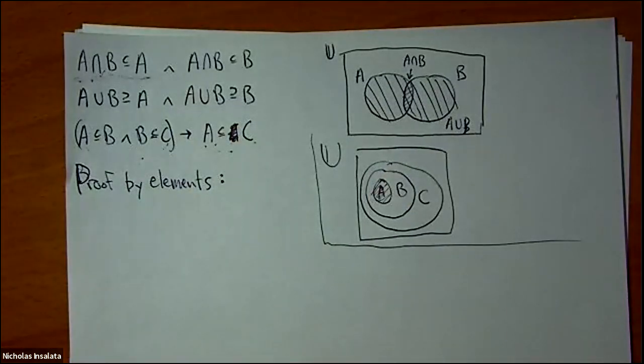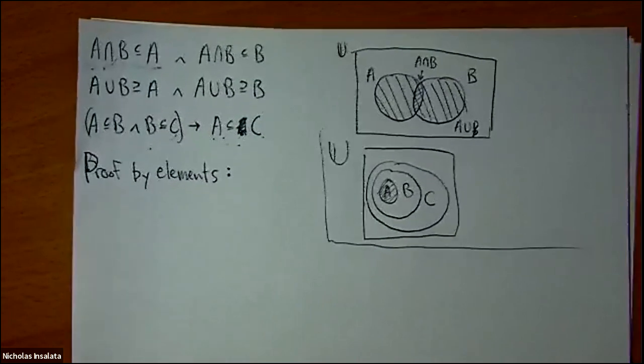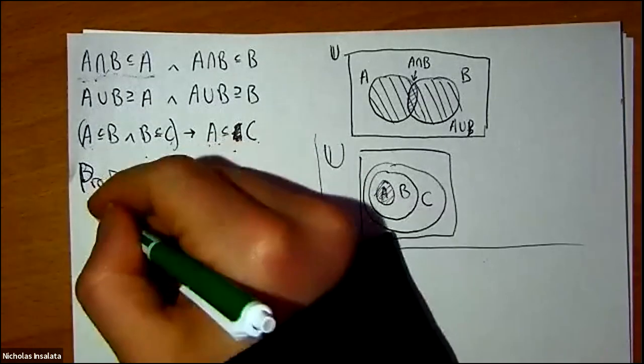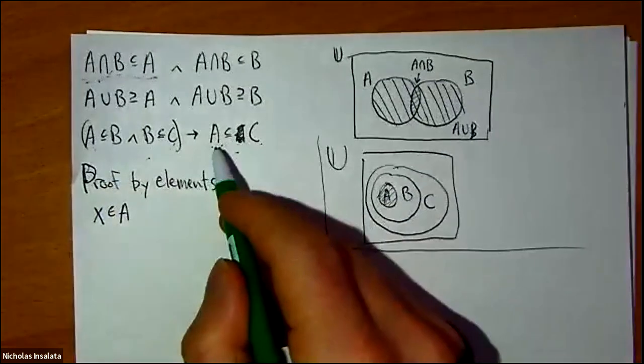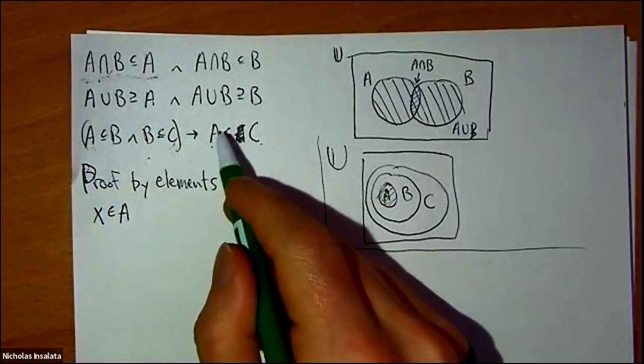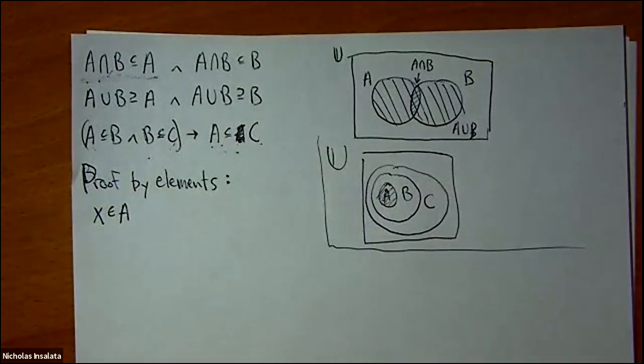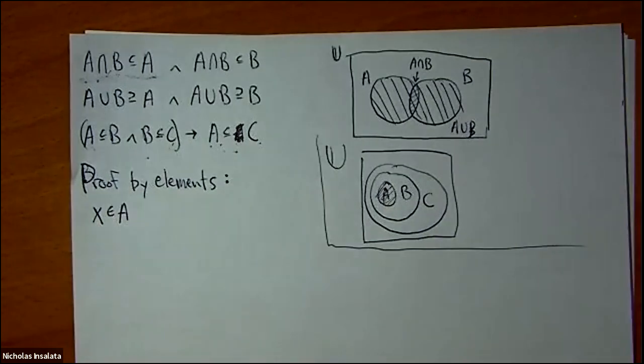Okay. So what we're going to do is start off by saying X is an element of A. What I want to show is that everything inside of A has to be contained in C. So I'm going to start off with an element of A.